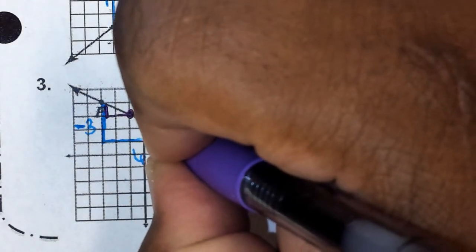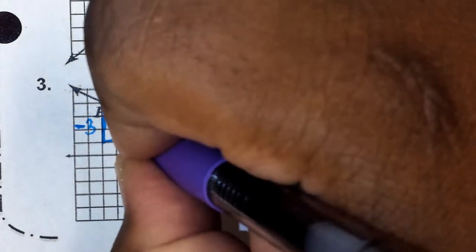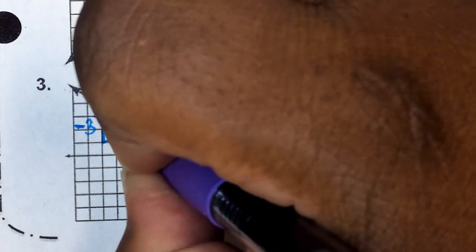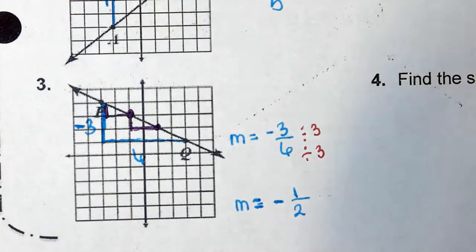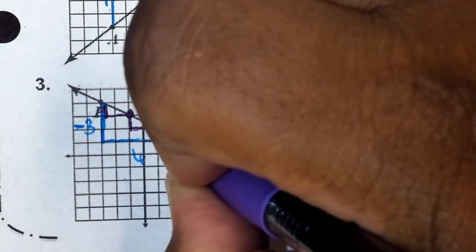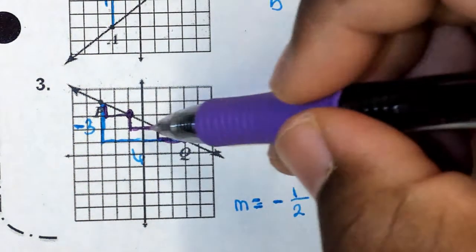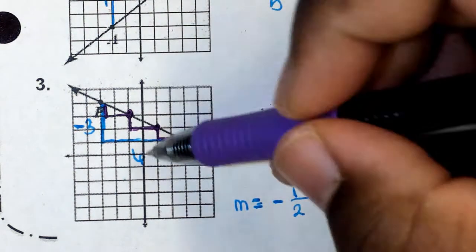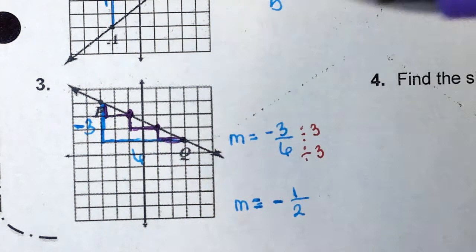Another point would have been here, and you could have seen that your slope from there to there is 1/2 as well. And then that last one would have been Q, and then the slope from there is 1/2 as well. So you're seeing the slope is the same from any 2 points that you choose on the line.